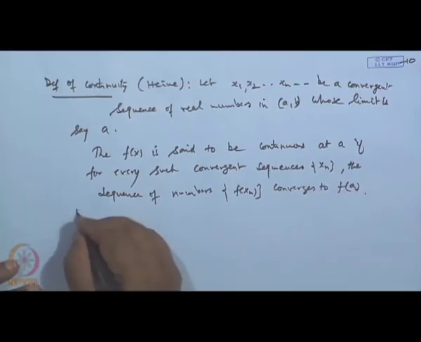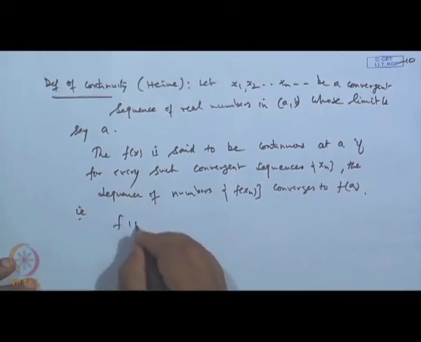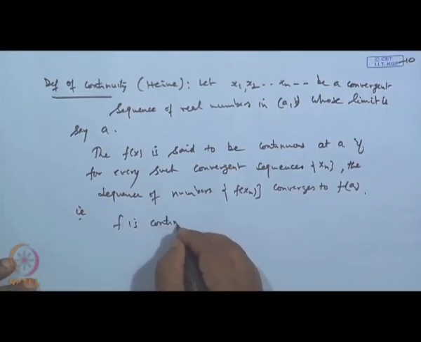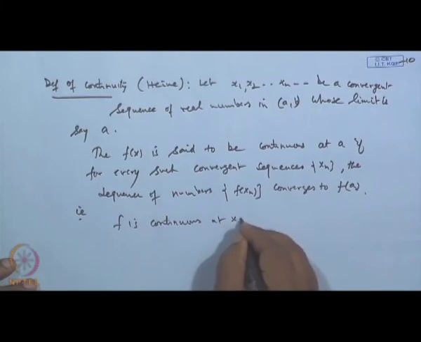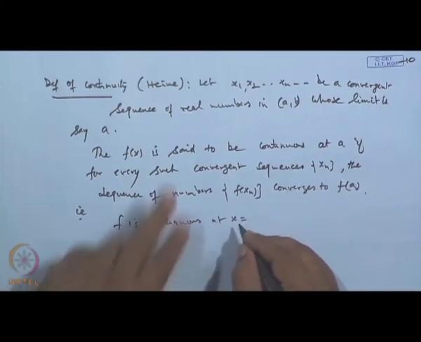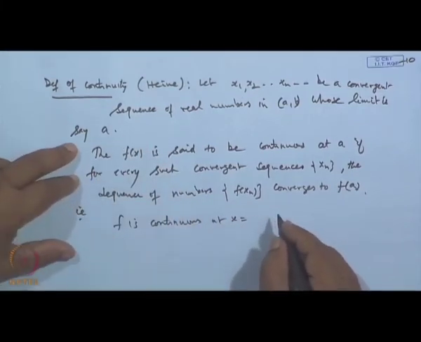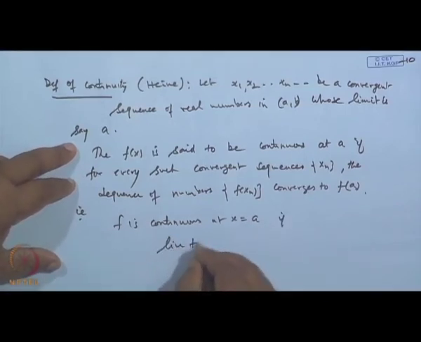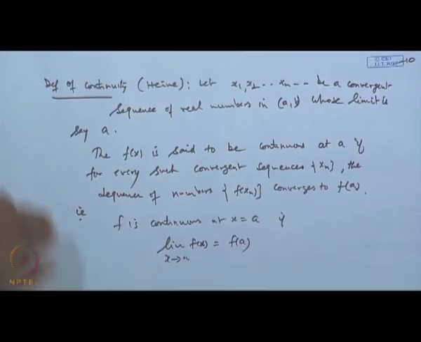That is, f is continuous at x equal to a if the limit of f(x) as x tends to a exists and coincides with the functional value at a.